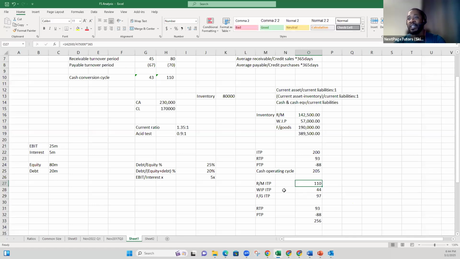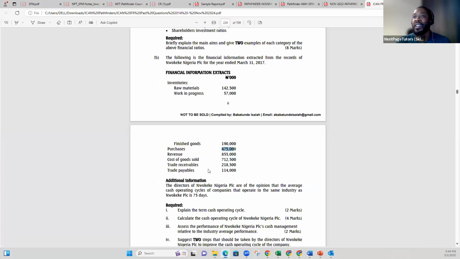And then what about the second one? Work in progress. What do you want to use? That one now is in the middle. Do you prefer purchases? Some work has gone into this. So I will prefer to work with cost of goods sold.